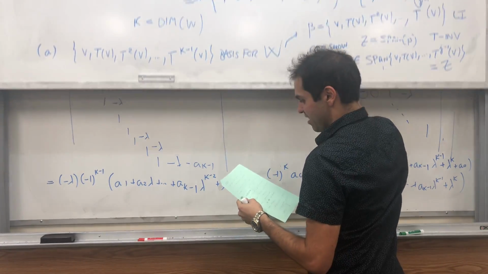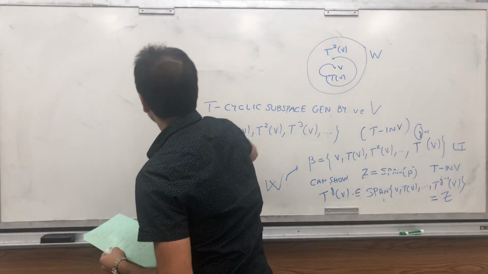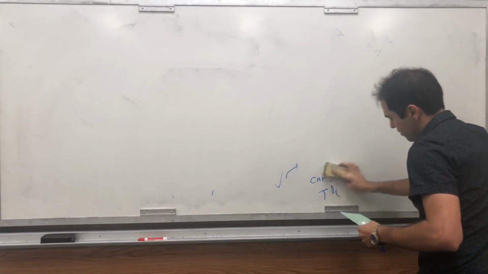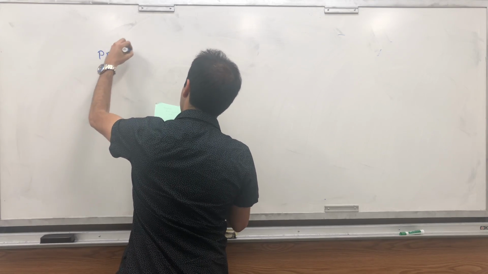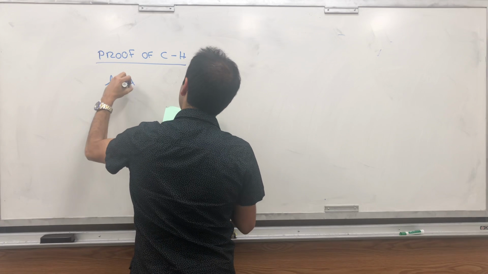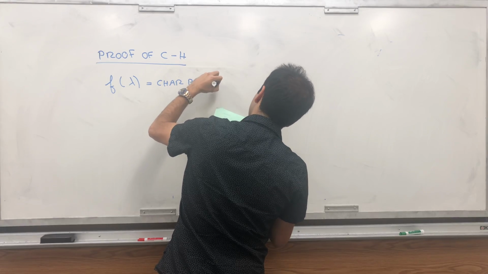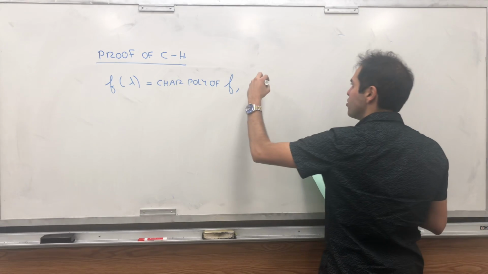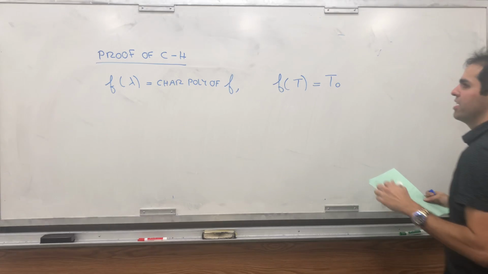So, proof of the Cayley-Hamilton theorem. So let f of lambda be the characteristic polynomial of T. And what we want to show is that, suppose you have a linear transformation T from V to V, you want to show that f of T is the zero transformation.